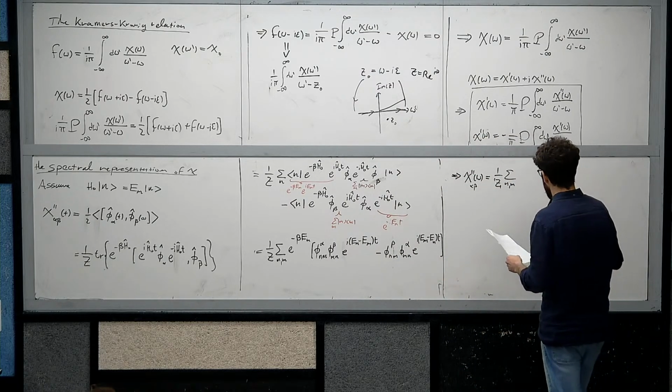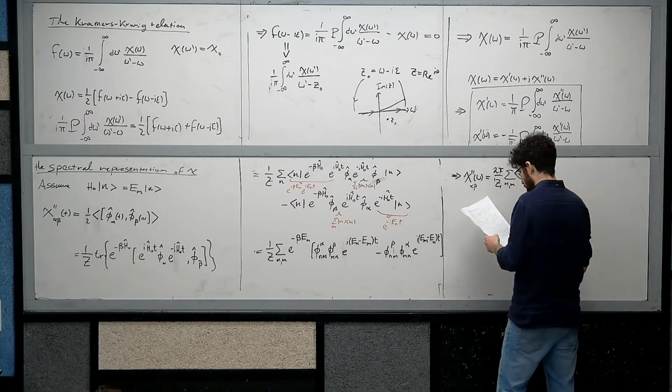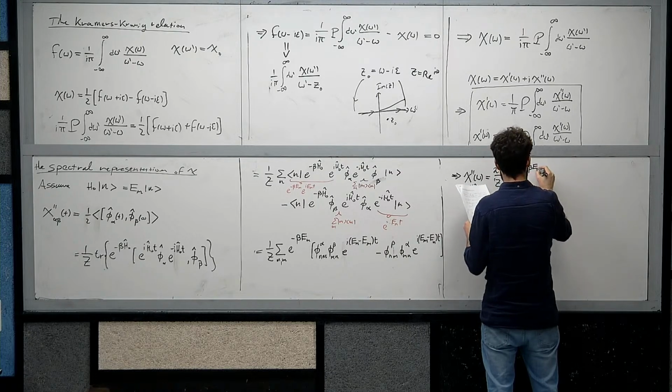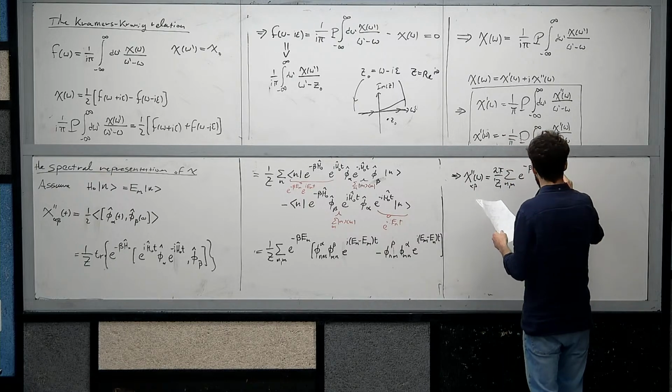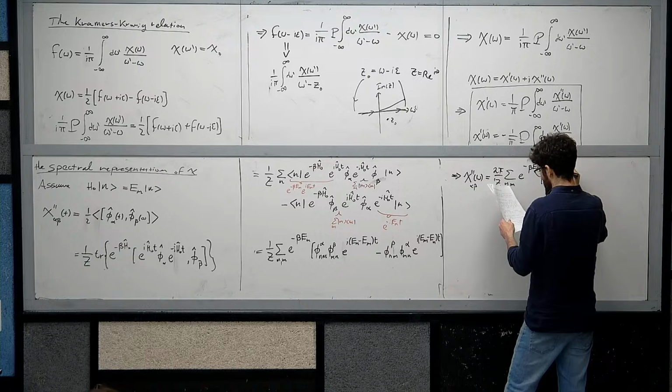So I get 2 pi e to the minus beta E_n. Then I have this phi alpha.